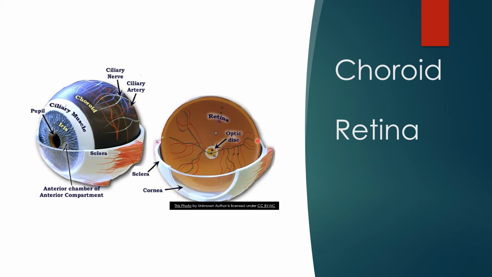This is the retina over here, which is the inner lining of the back chamber of the eye. It contains all of these wonderful little photoreceptors, the rods and the cones, that receive the light rays that come here through the pupil. It gets converted into electrical impulses, which are sent into the brain via the optic nerve.